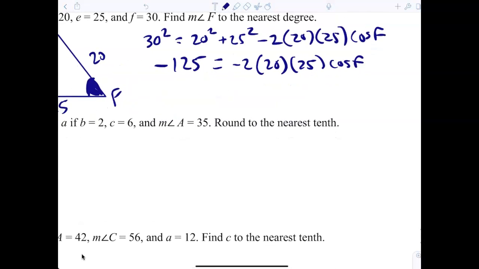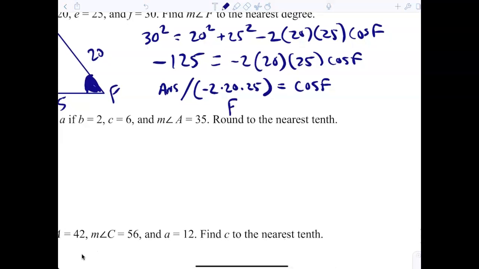So now you're going to divide your answer by parentheses, negative 2 times 20 times 25, close parentheses, equals cosine F. And then you do inverse cosine of that answer. Everybody happy with that? And somebody tell me what F is. About 82.8 degrees. Everybody happy with that?